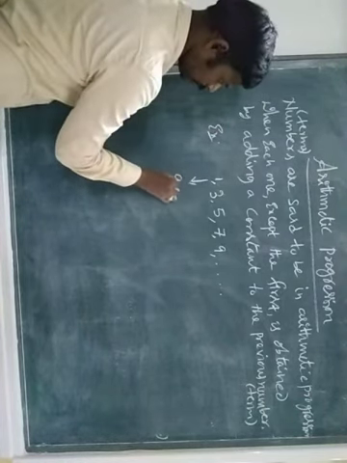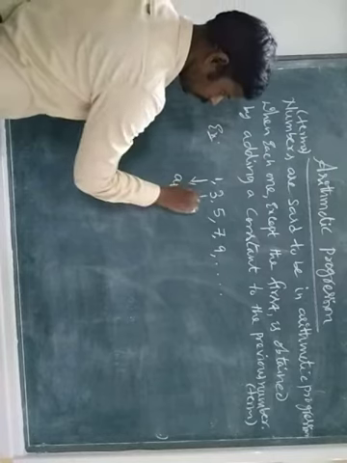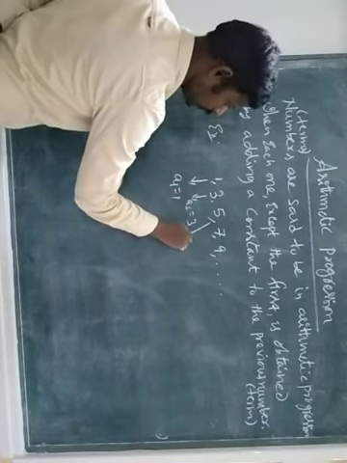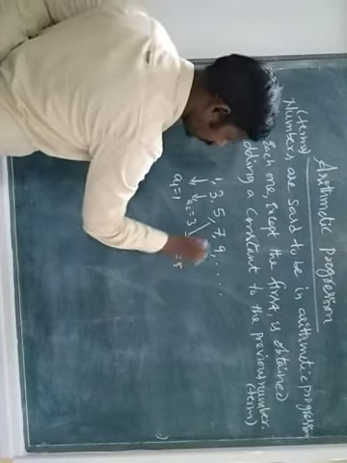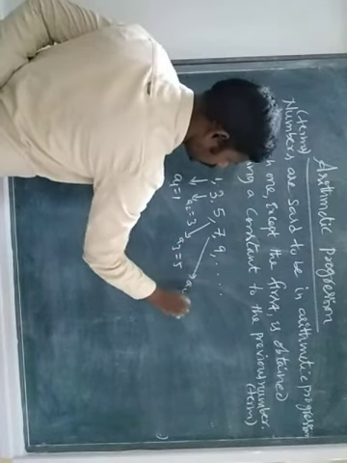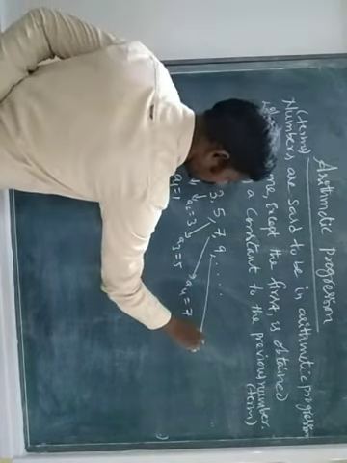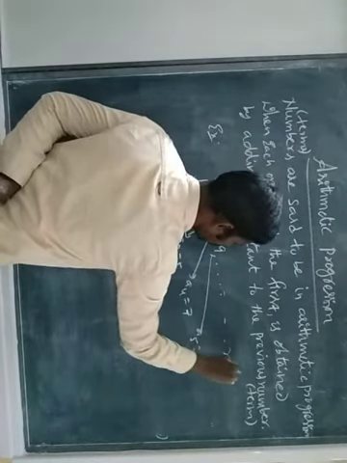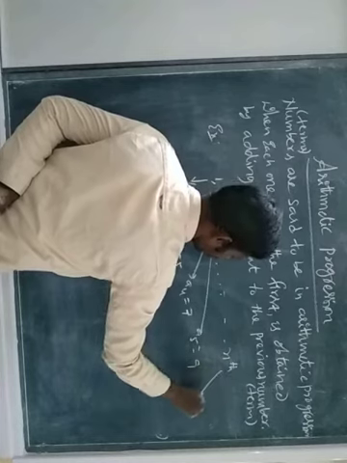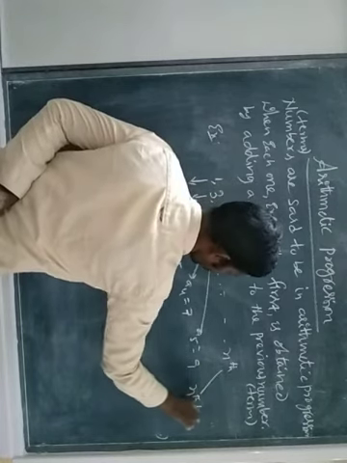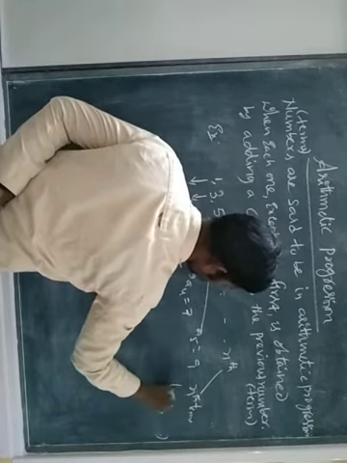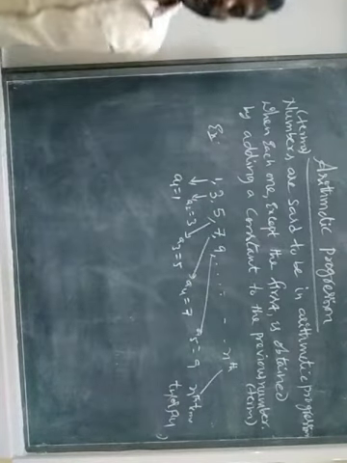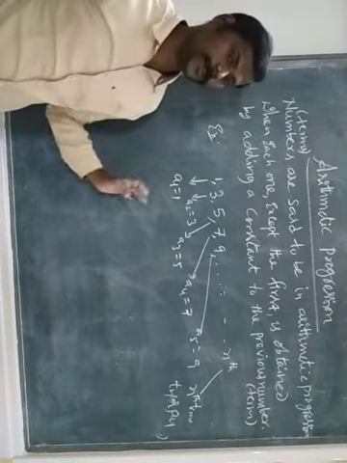Here, first term A1 equals 1, A2 equals 3, A3 equals 5, A4 equals 7, A5 equals 9. And how do we write the nth term? That is Pn or An, according to the sequence.